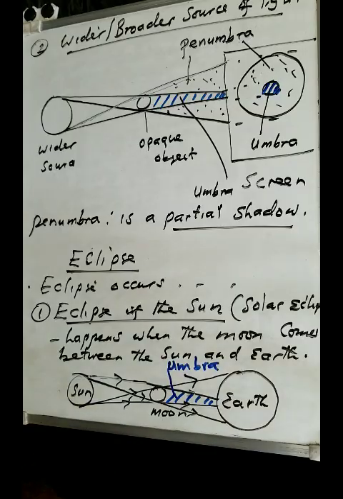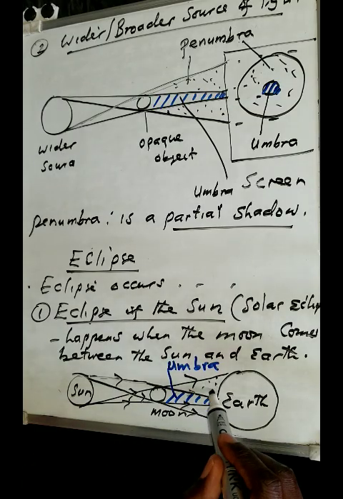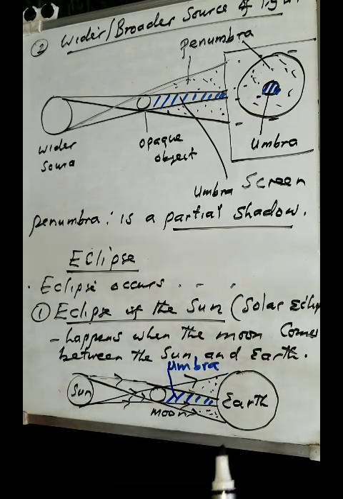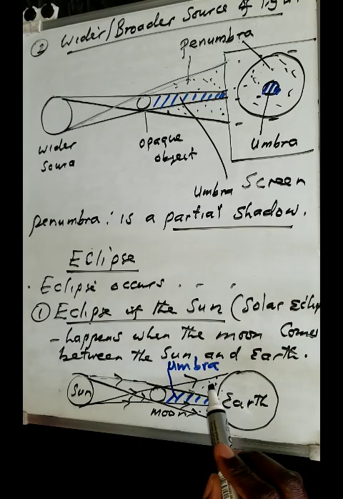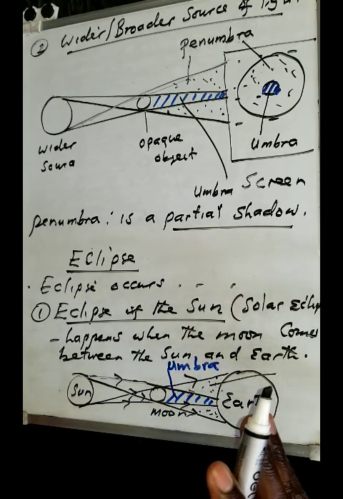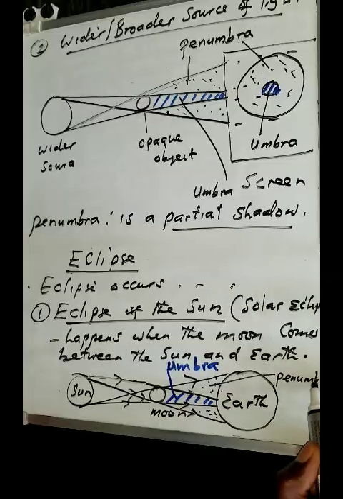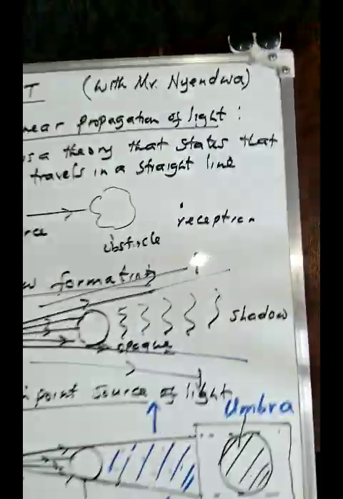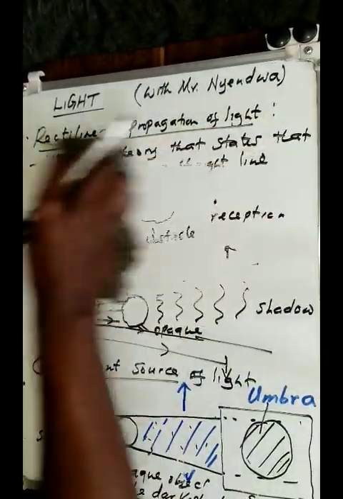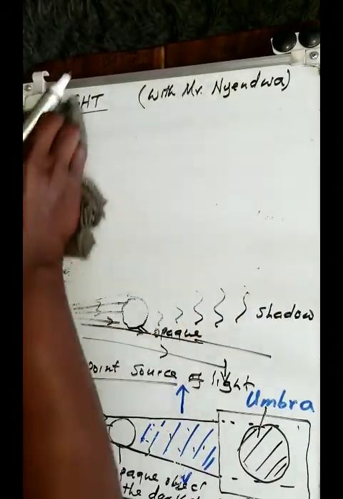That's umbra. But a person standing in the dotted line this side, where some light is falling, will be able to see a partial darkness, and that is what we call a penumbra.